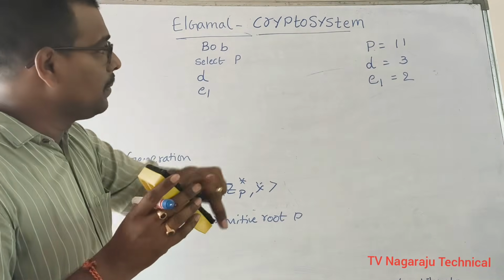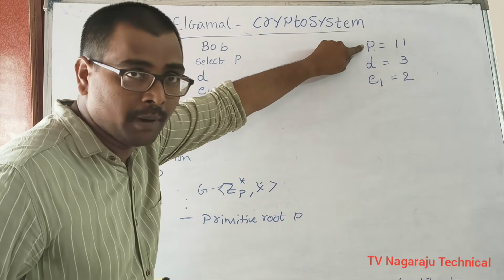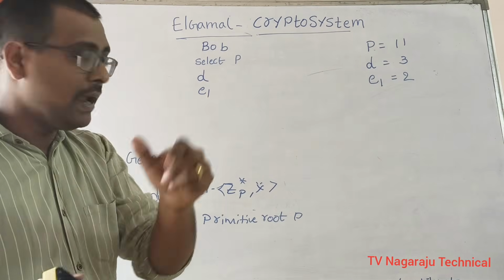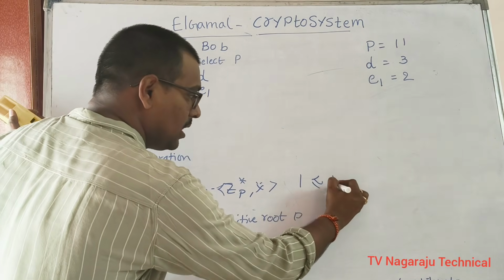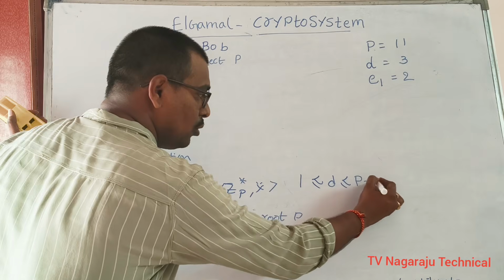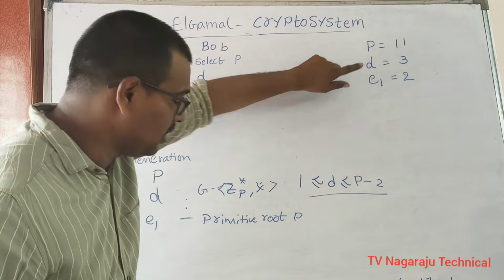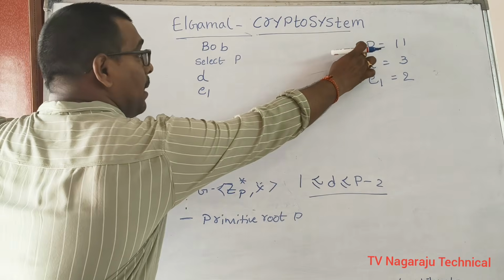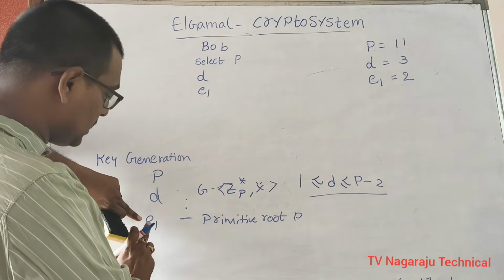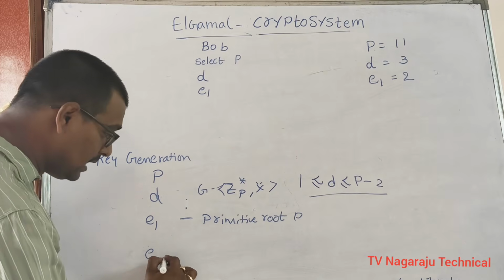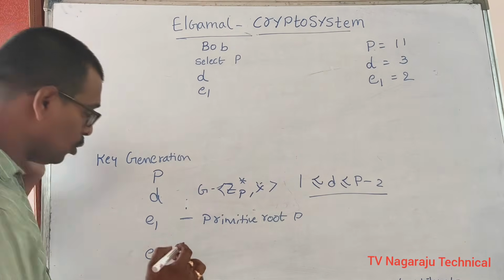First, I randomly choose a large prime number P. Based on the condition, the number belongs to the group and the value is 1 less than or equal to D less than or equal to P minus 2. Based on this, I selected one D value, and based on P, I select E1 such that E1 is the primitive root of P, and then calculate the E2 value.